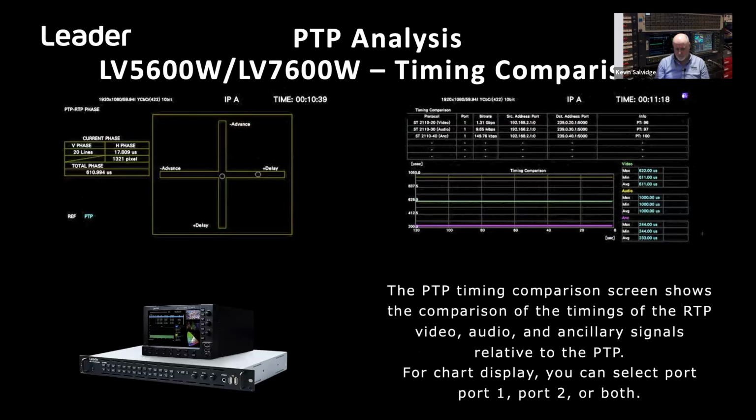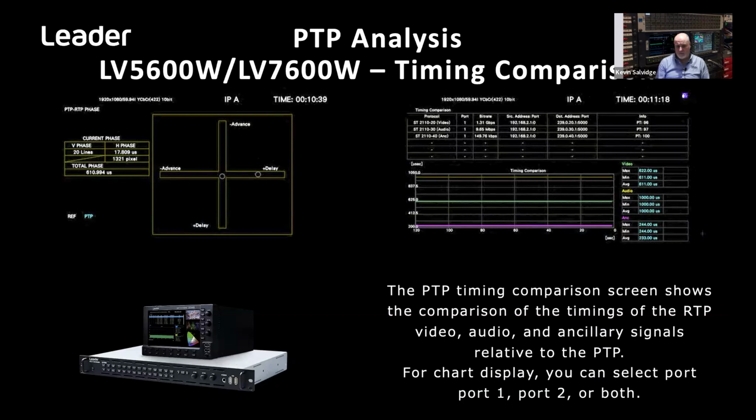So one of the tools that we strongly recommend you get familiar with is looking at these timings, like PTP to RTP timestamps. And we have tools like the very traditional crosshair display that every engineer will be familiar with from SDI video compared to black and burst.